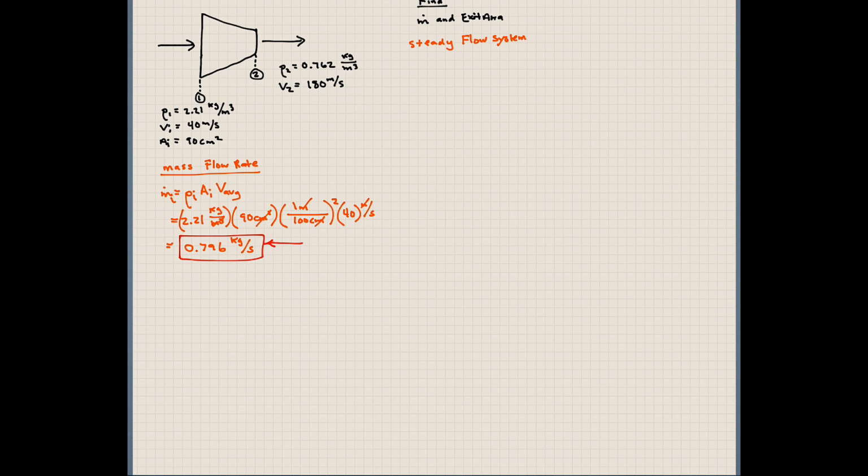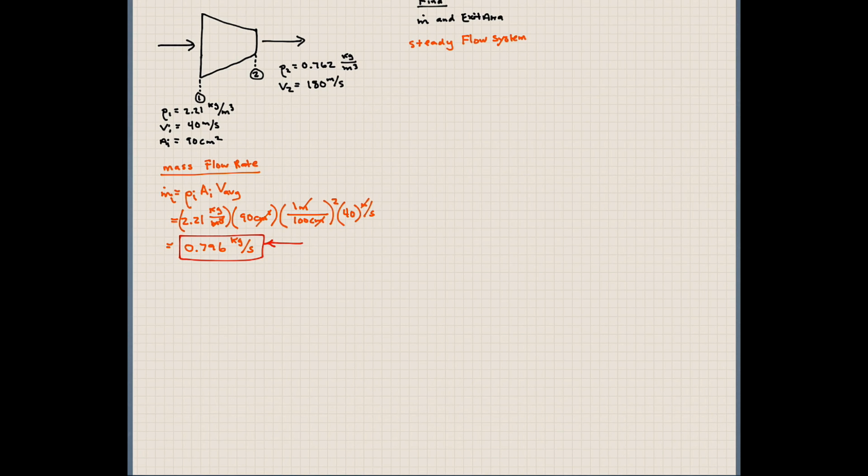Now let's talk a little bit about it. What can we expect the mass flow rate at the exit of this nozzle to be? This is just a side note, but since we don't have any other mass flow rates coming in, and there's no accumulation, typically in a nozzle we're not going to have any accumulation of mass, and using a nozzle we're usually going to have steady flow operations.